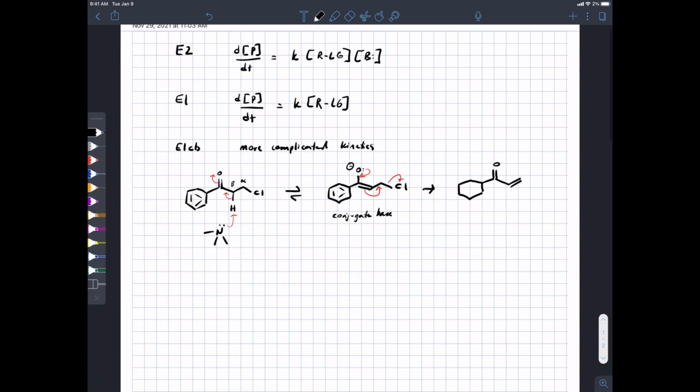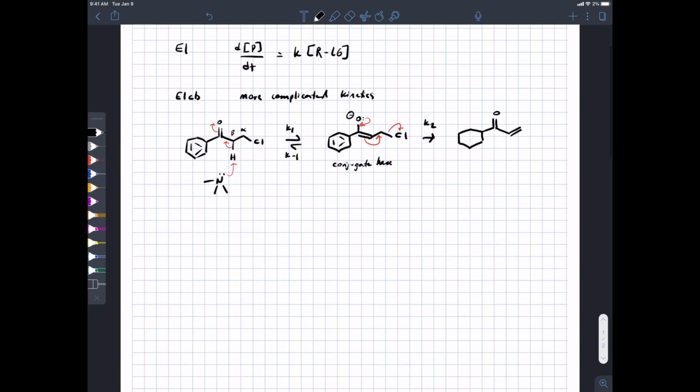So you've got a rate constant here, a reverse rate constant there, and another rate constant there for the actual elimination. So let's think about the possibilities for rate laws for this E1CB mechanism.